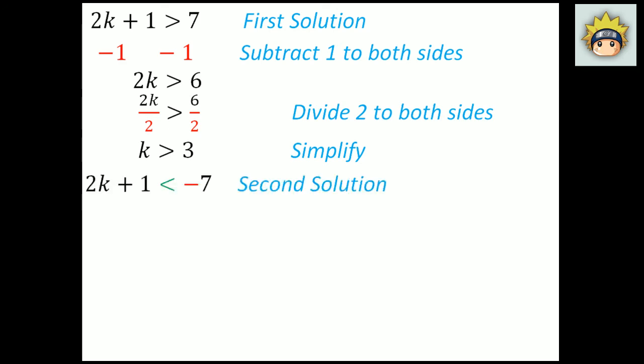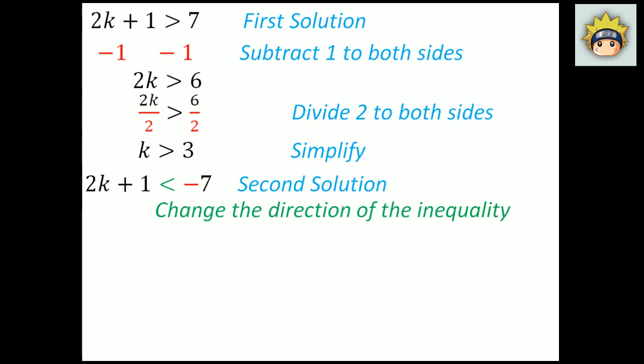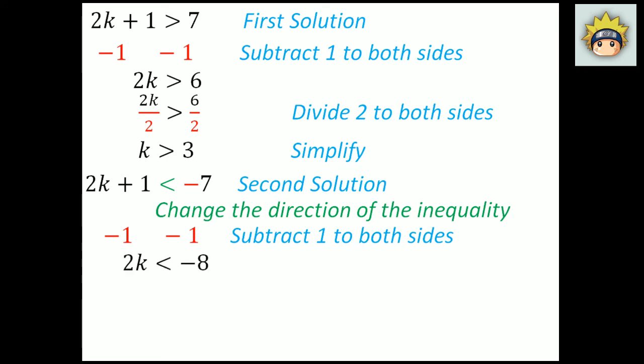Your second solution: 2k plus 1 is less than negative 7. Remember, it becomes a negative 7 because that is the second solution, and you have to change the direction of the inequality. Subtract 1 from both sides. You get 2k on the left hand side and negative 8 on the right hand side. Divide both sides by 2.